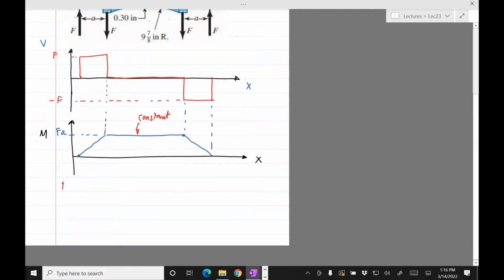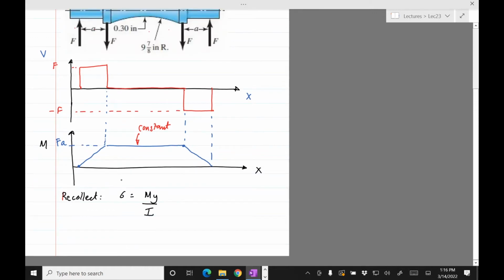So we can recollect that sigma is My divided by I. This is the stress in the middle portion, right? And M is F times A, so sigma is F A y divided by I, because that's the moment.